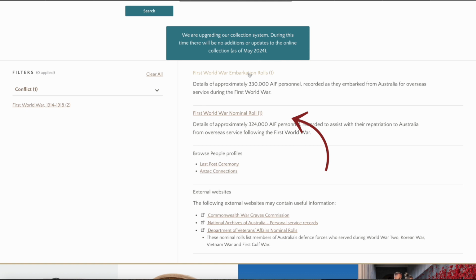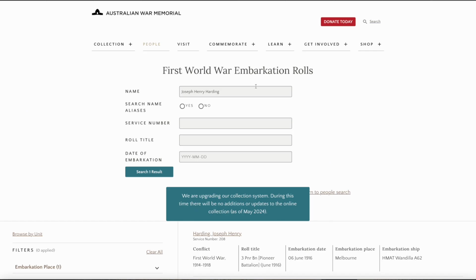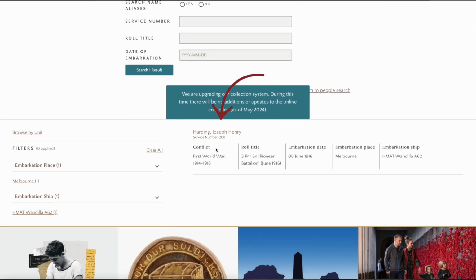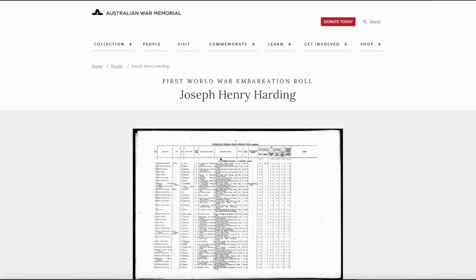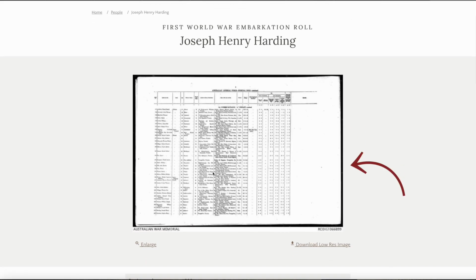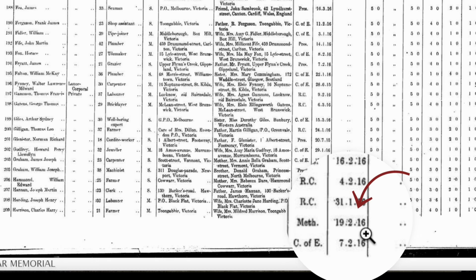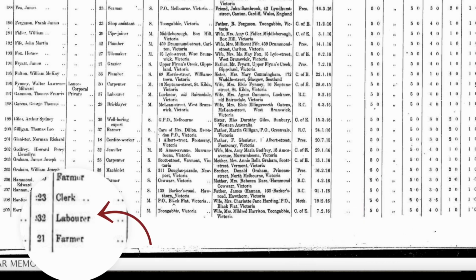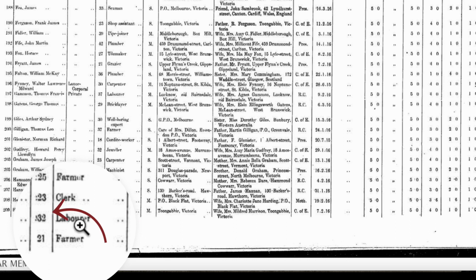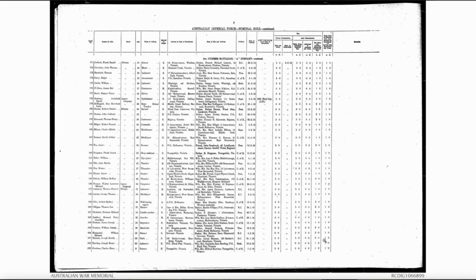We'll look at that first. There he is there. So we'll click on that and it gives you this image. It's down the bottom and it tells you when he joined, what he was when he joined, his age, and that's about it for that.